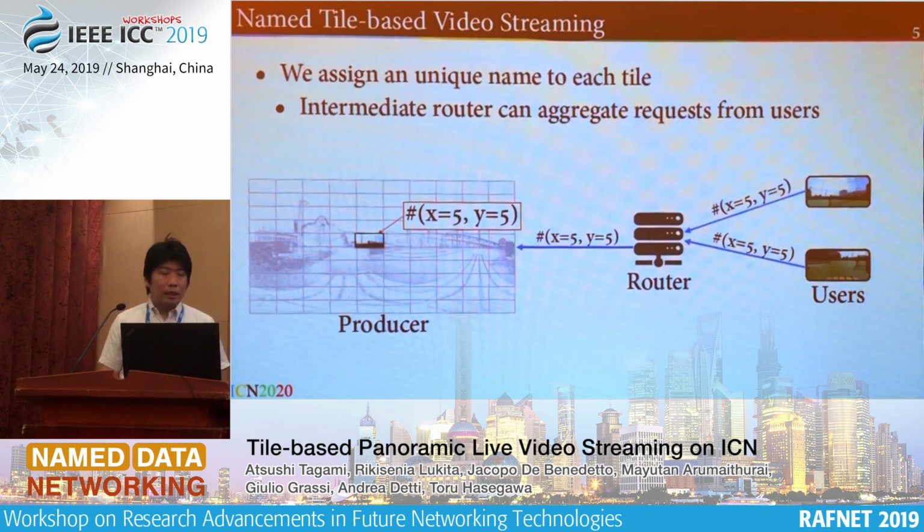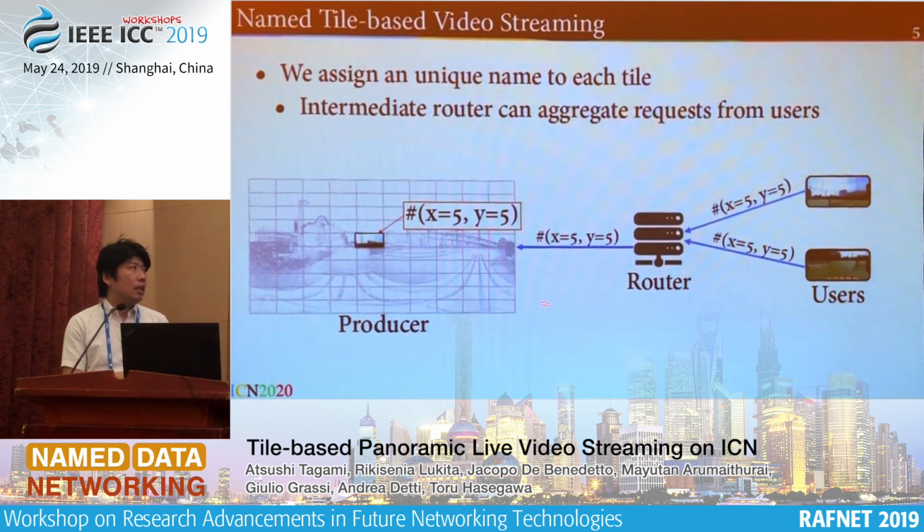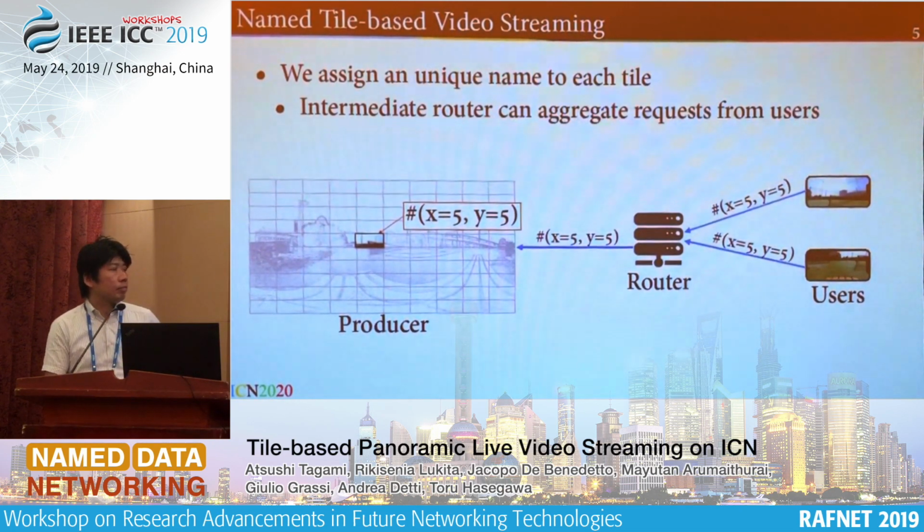In this case, on ICN, the intermediate router can aggregate the same requests. If two users request the same tile, the intermediate router aggregates these requests, so the producer receives only one request and sends back only one tile, separated like a multicast query. In this case, we can reduce the traffic between the producer and the intermediate router.